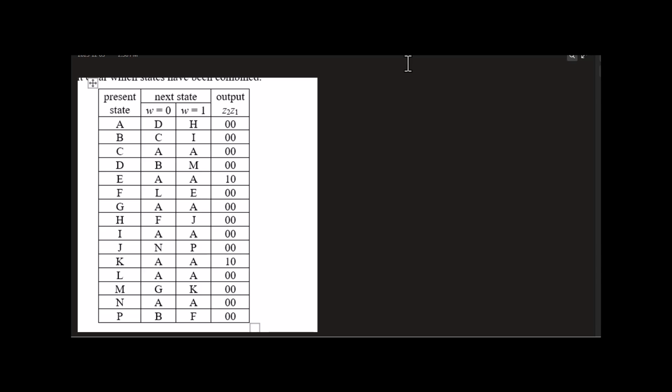What we're going to do to get this minimization is something called partitioning. Partitioning is when you take a set and you break it up into smaller sets. Our goal is that each set of states can be simplified and represented as one state.